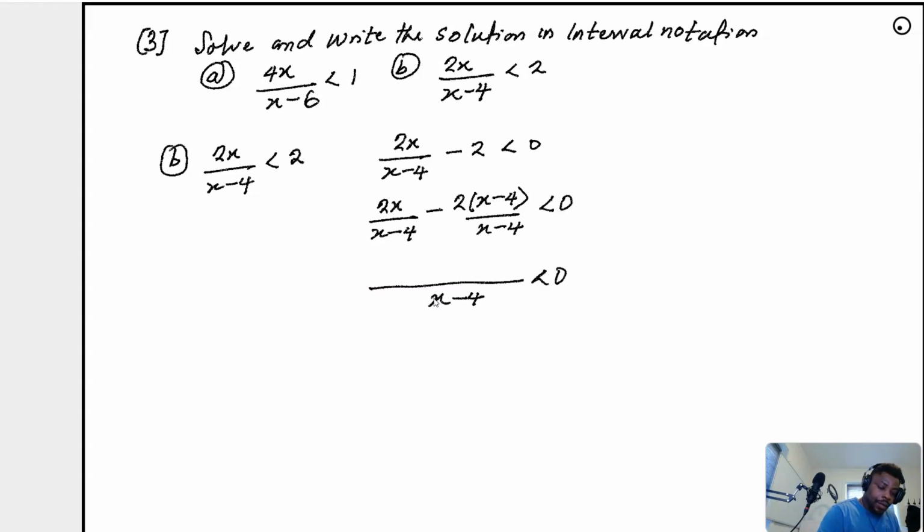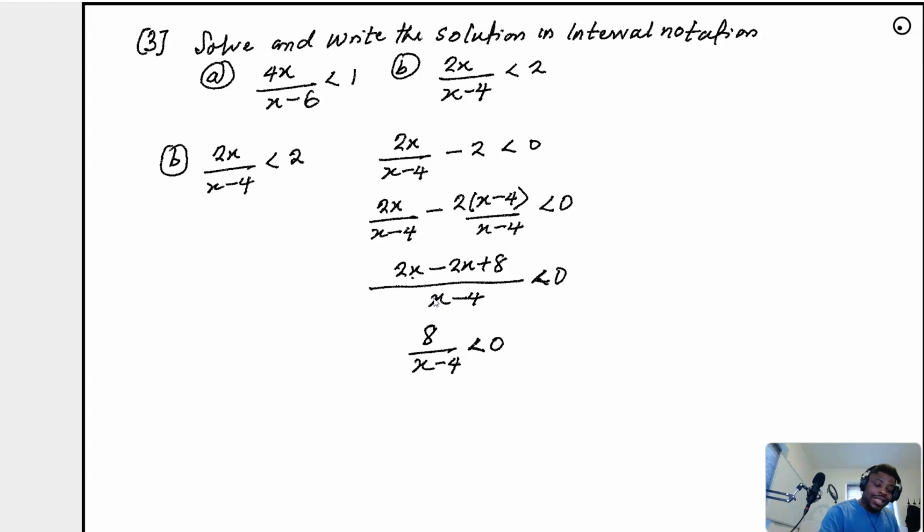Okay. So this is 2x minus 2x plus 8. So 2x minus 2x, that is 0. So you have 8 over x minus 4 less than 0. So in this case, you can see that we only have x in the denominator.